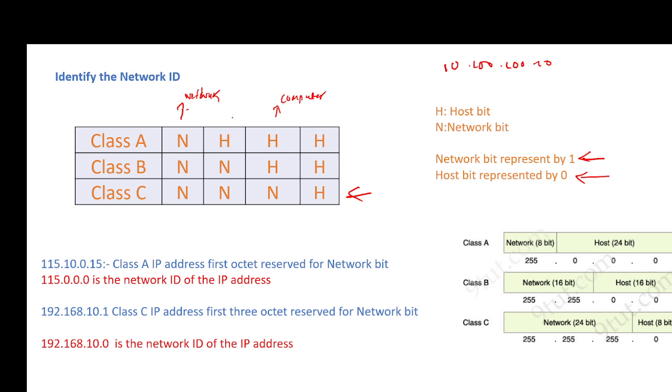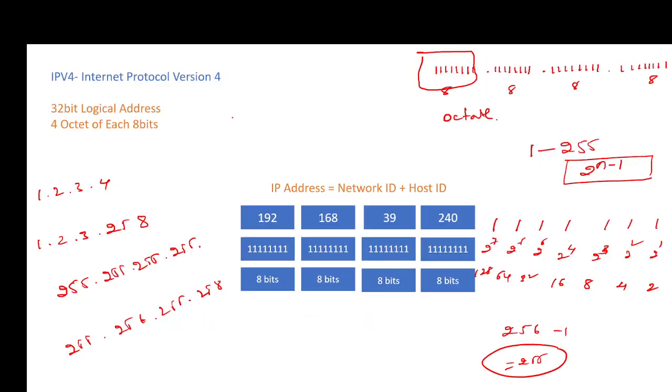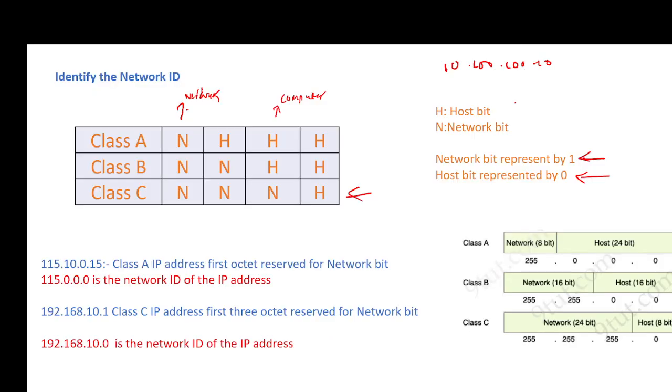That formula was there, no? This formula, octets. Okay, let me write it first here. So what happens here, if I put 1 1 1 1 1 1 1 1, 1 1 1 1 1 1 1 1, 1 1 1 1 1 1 1 1.